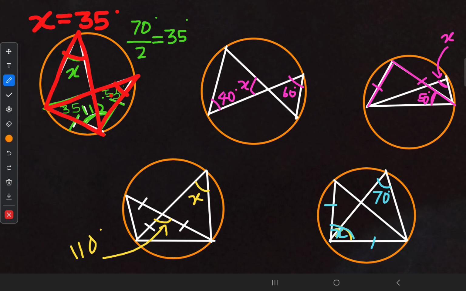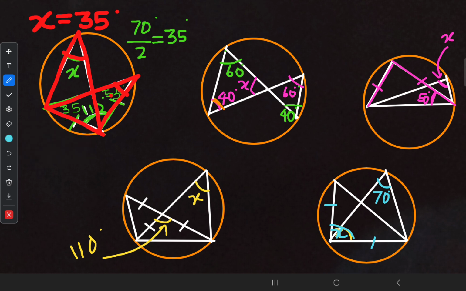Let's see. If it's 40, according to the chord theorem, this one also would be 40 degrees as well, because the same two points are creating two angles on the circumference in the same segment area. So if this one is 60, this one also 60. Think about it. Interior angle sum in a triangle would be 180.